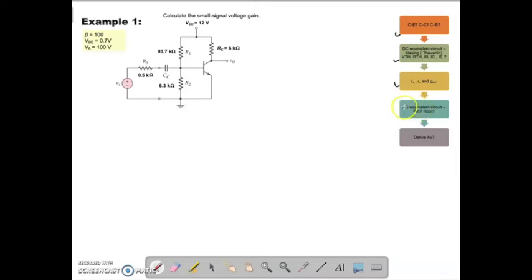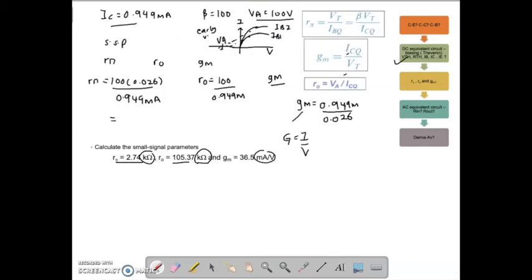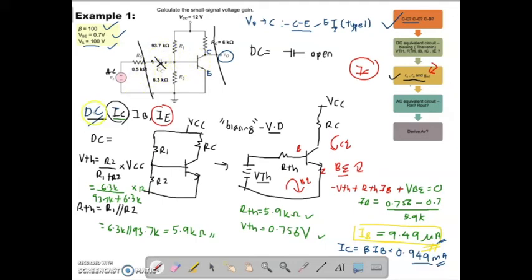What's next? The next part you need to calculate is the small signal voltage gain. When we have a small signal, what will happen at your output? Will it be amplified or not? So you need to change the circuit from the original circuit to what we call the AC equivalent. The work that you have done before is the DC equivalent.